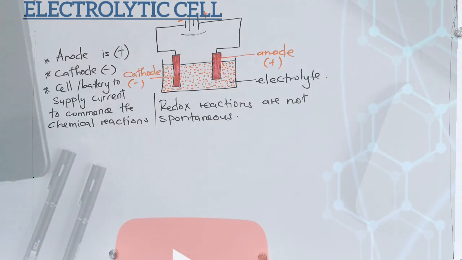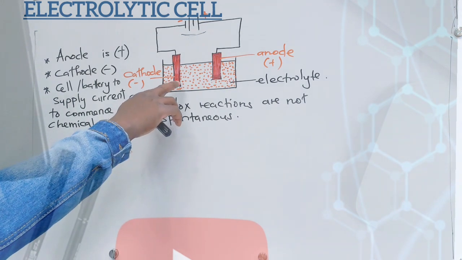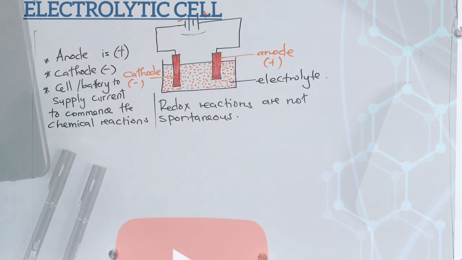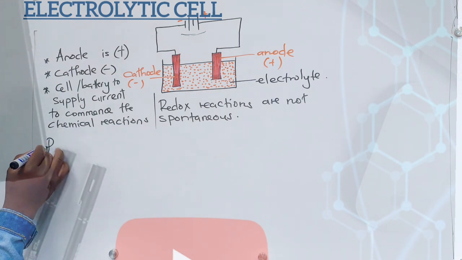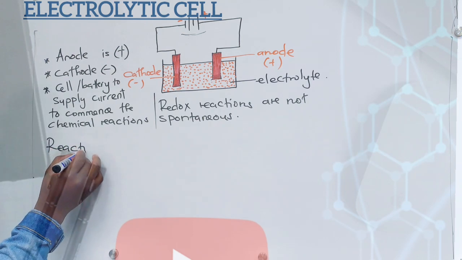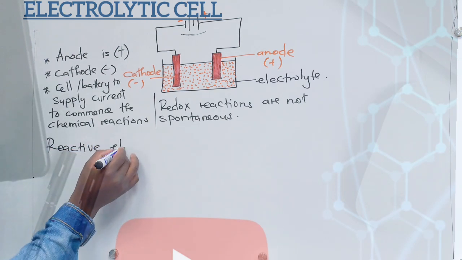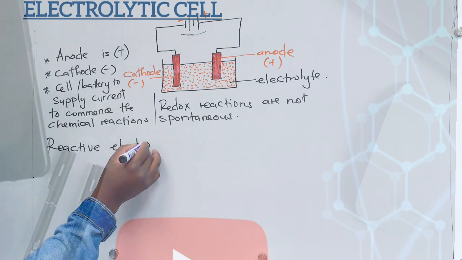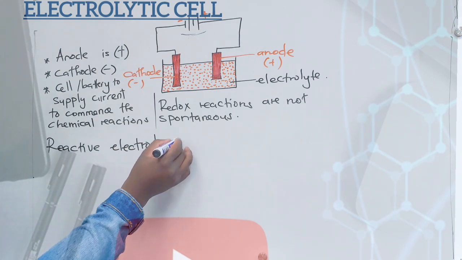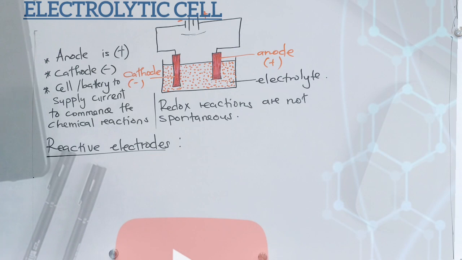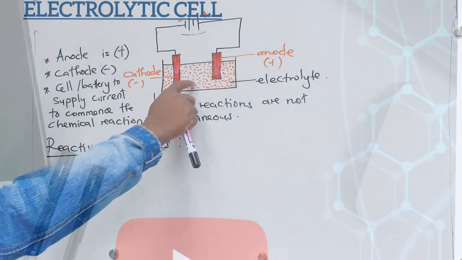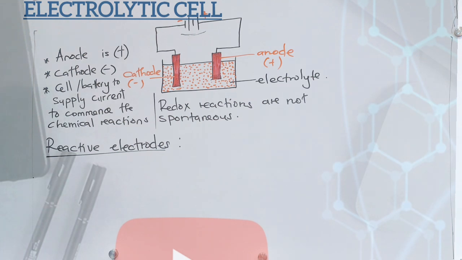In this electrolytic cell, there are two types of electrodes that are used. First one is the reactive electrodes. These electrodes take part, meaning one of them will be corroding and the other will be gaining electrons.